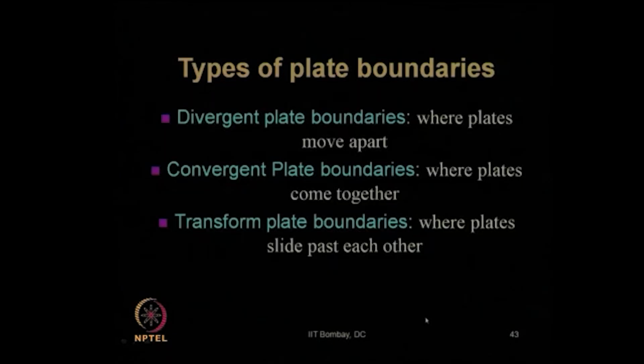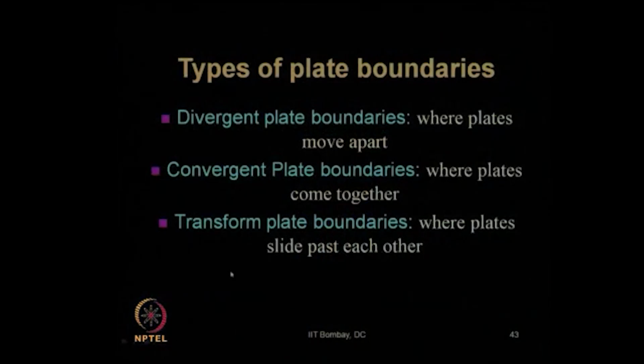Now, what are the types of plate boundaries? When we talk about plate tectonic boundaries, there are different types depending on their movement. There can be three major types or categories of plate boundary.